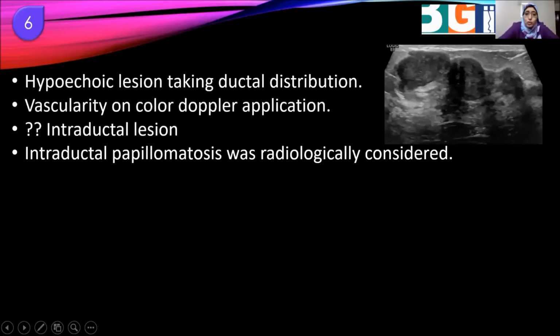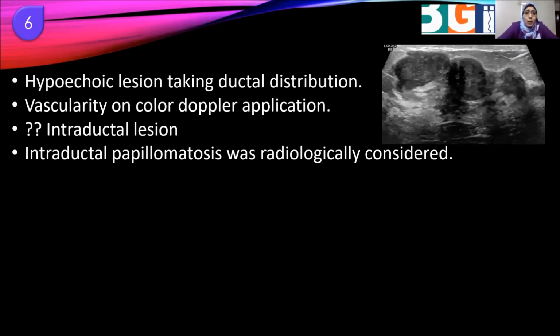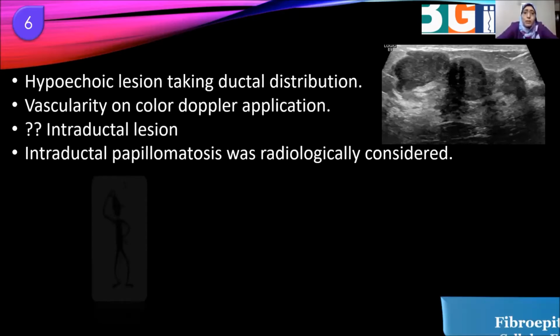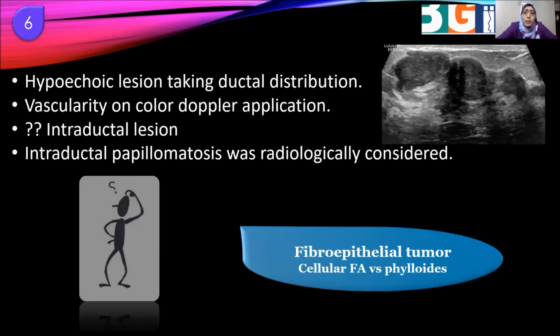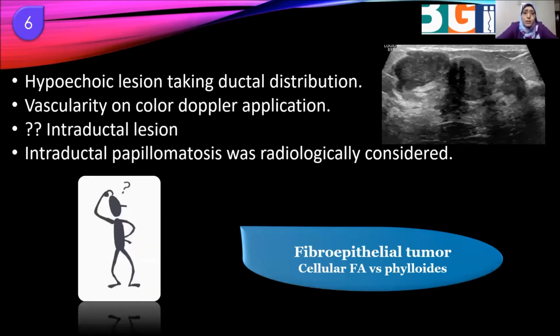Being hypoechoic, with this distribution and vascular on the color Doppler, an intraductal lesion was suspected, and we considered something like intraductal papillomatosis. It was put as BI-RADS 4, and we asked for a tissue biopsy, which came back as a fibroepithelial tumor, cellular fibroadenoma versus phyllodes.